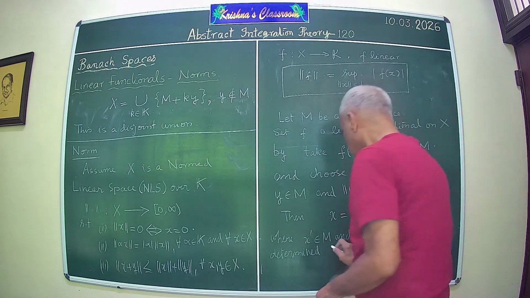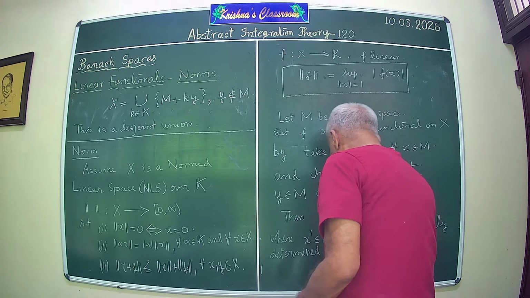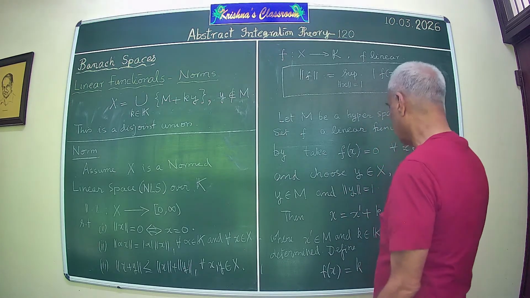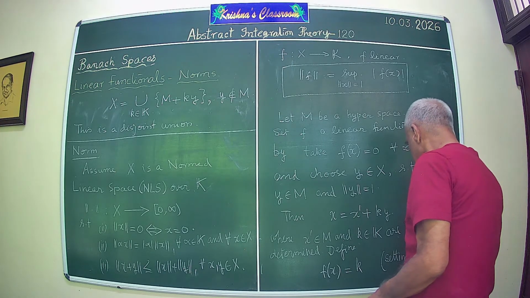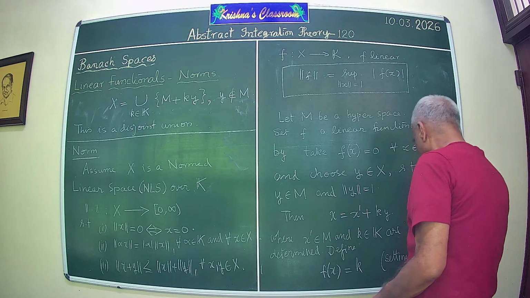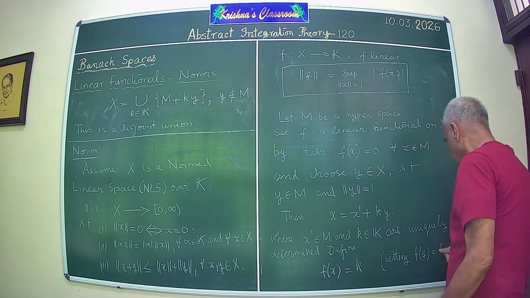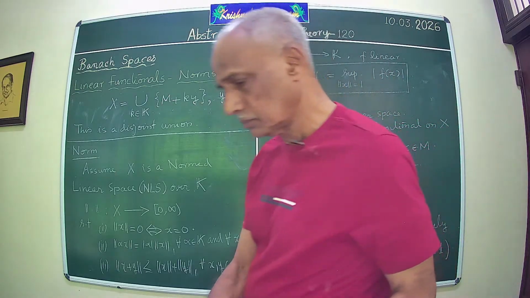Now define f of x equal to k. That means we are setting f of y equal to 1. Okay. Now compute the norm.